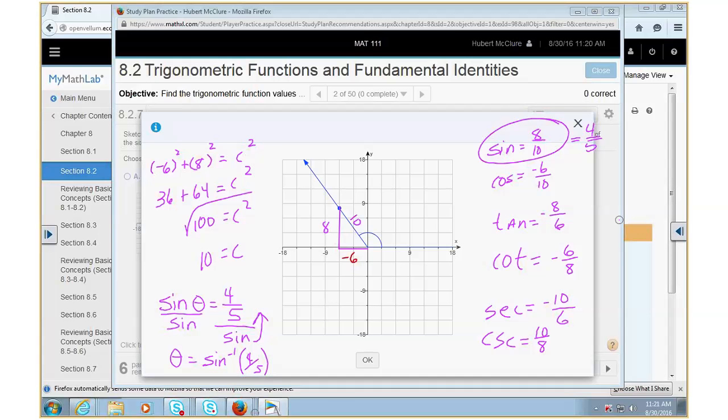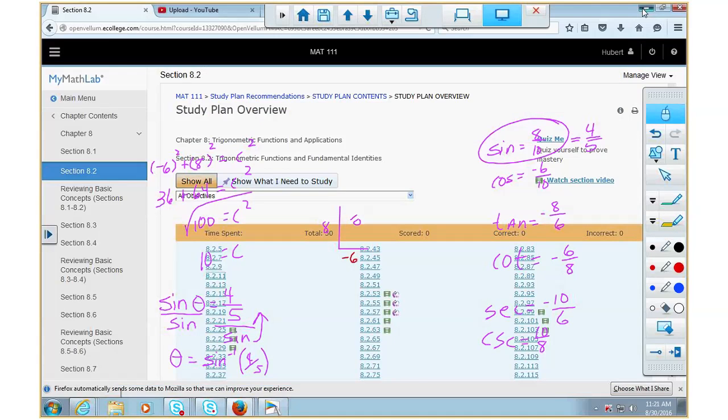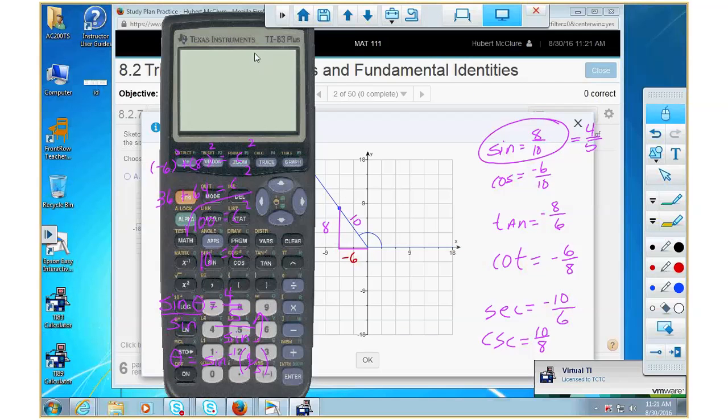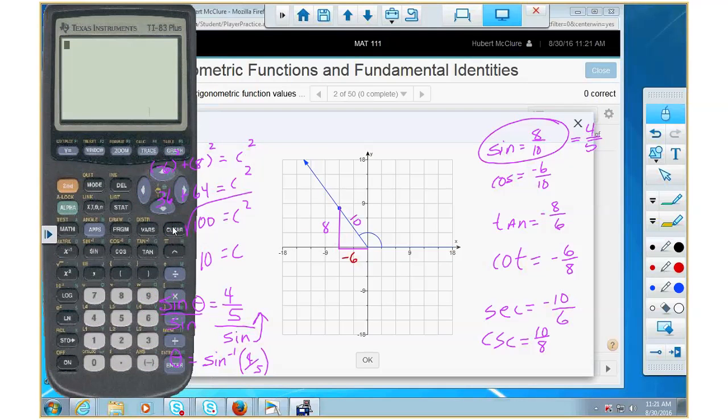Go ahead and pull it up. And we go to our handy dandy calculator. I'm going to pull this down for a second. There's our calculator. And I'm going to type second sine 4 divided by 5, close parentheses.